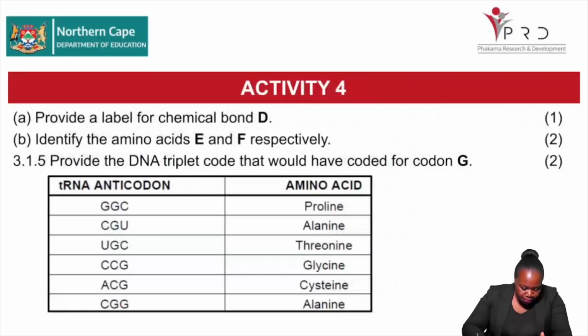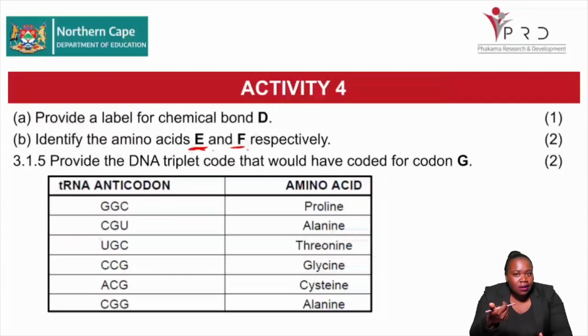Okay, let's look at B. It says, identify amino acids E and F respectively. So we are going to identify amino acid E and amino acid F. Based on this, we're going to go back and look at the anticodons on E and F. Then based on the anticodons on E and F, we will identify those amino acids. Now, we will look at what we are given there.